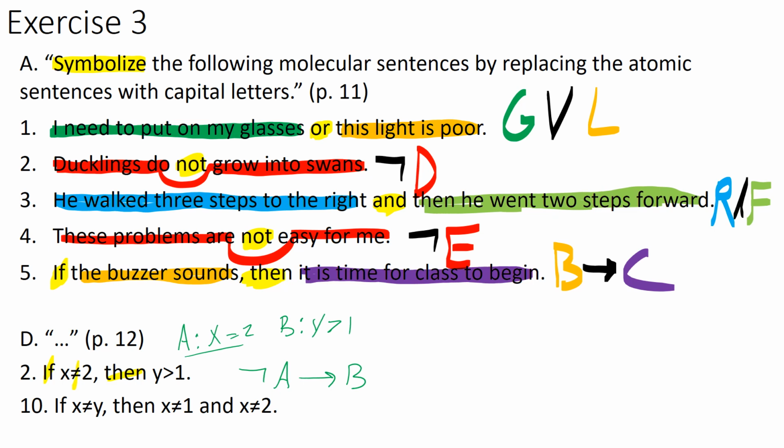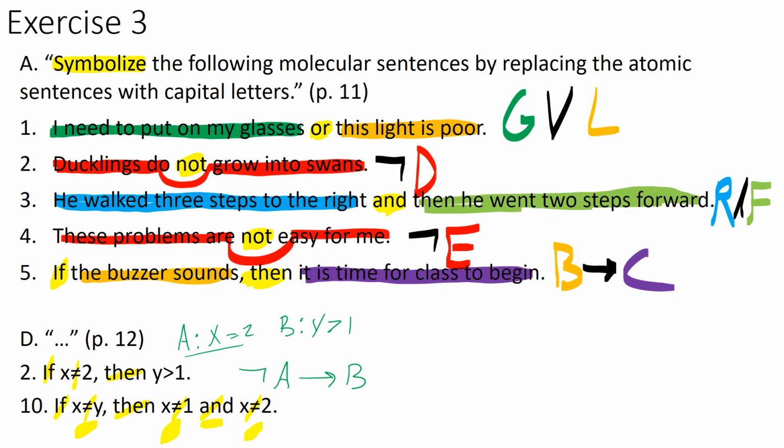For sentence 10, we also have a conditional. We have if x is not equal y, then x is not equal 1, and x is not equal 2. We have 5 sentential connectives. We have a not here, a not here, a not here. We have the if then, and we have a conjunction.